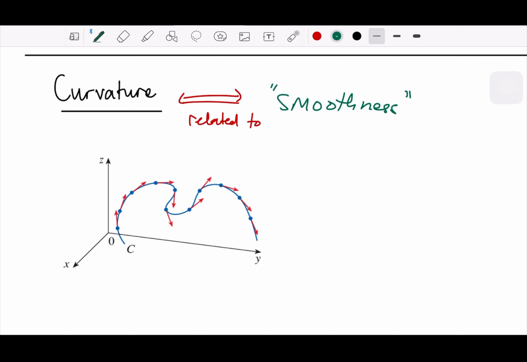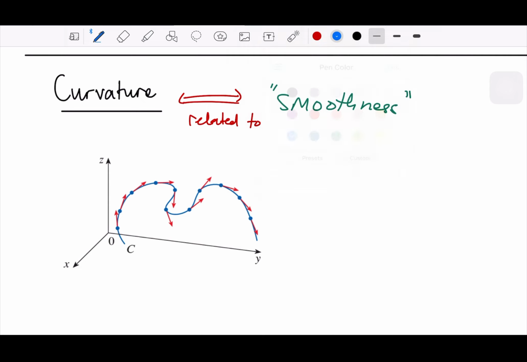So what does smooth mean? What's the opposite of smooth? I lost the word. Smooth and the opposite word? Yes, good, rough. So rough, like maybe if I draw, it makes more sense.